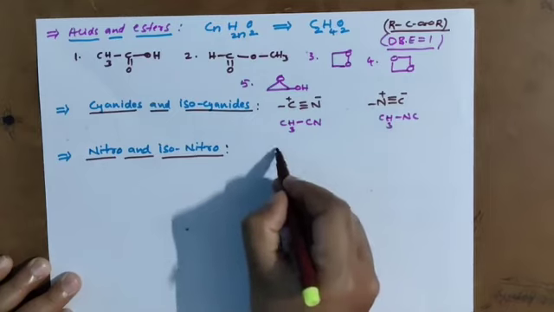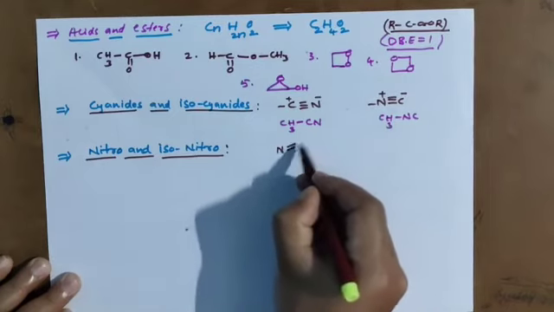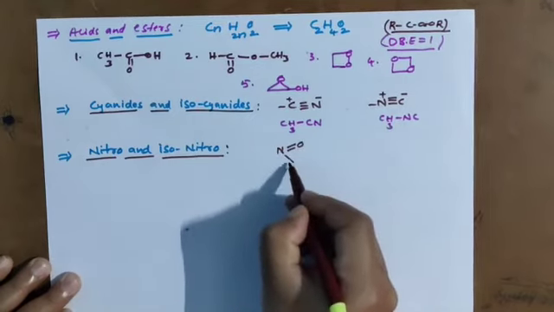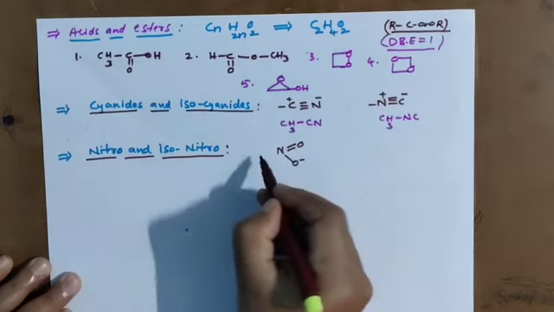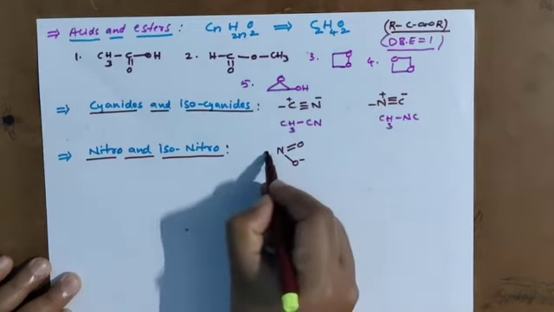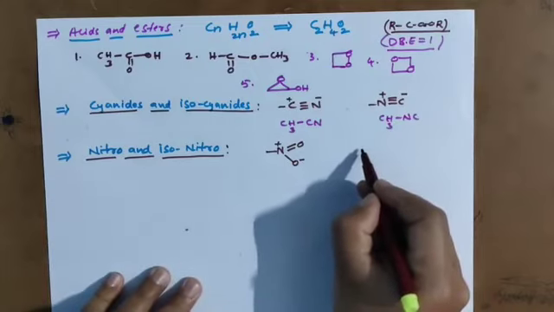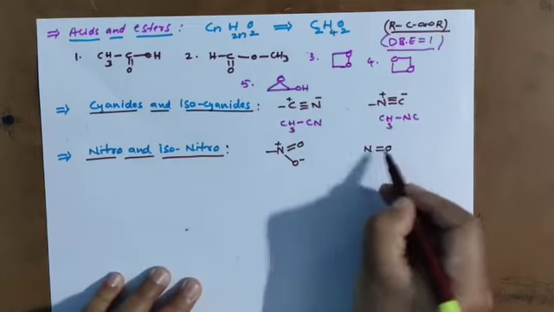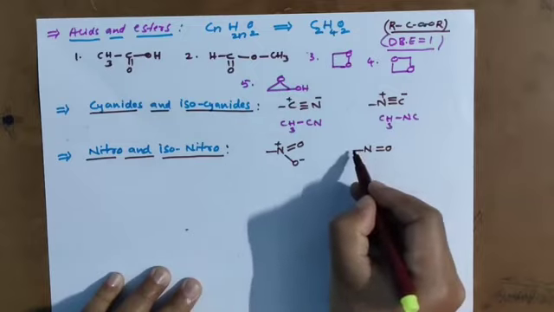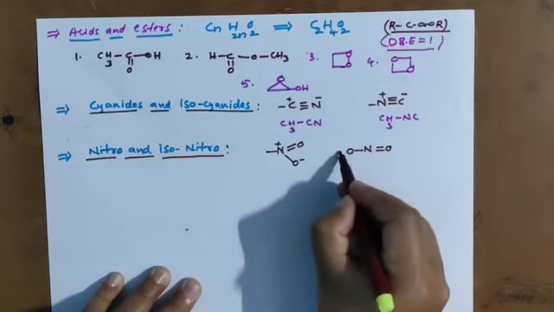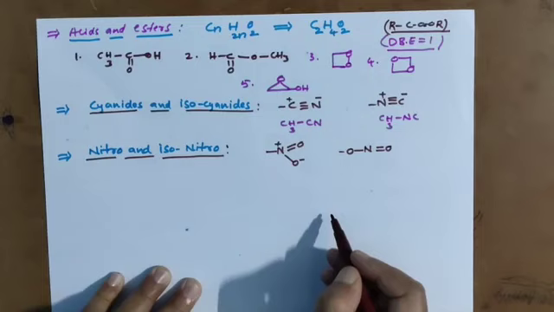What is the nitro? N double bond O minus, or nitrogen plus. This is nitro. Isonitro means N double bond O. This is isonitro.